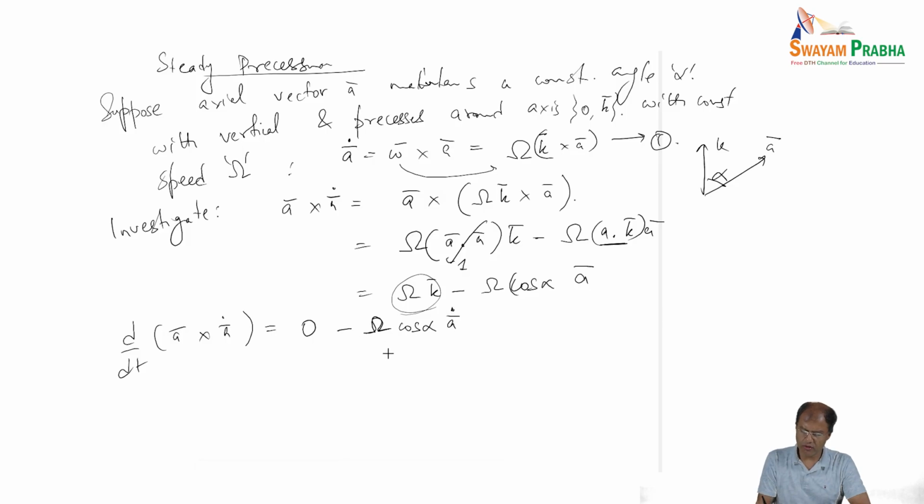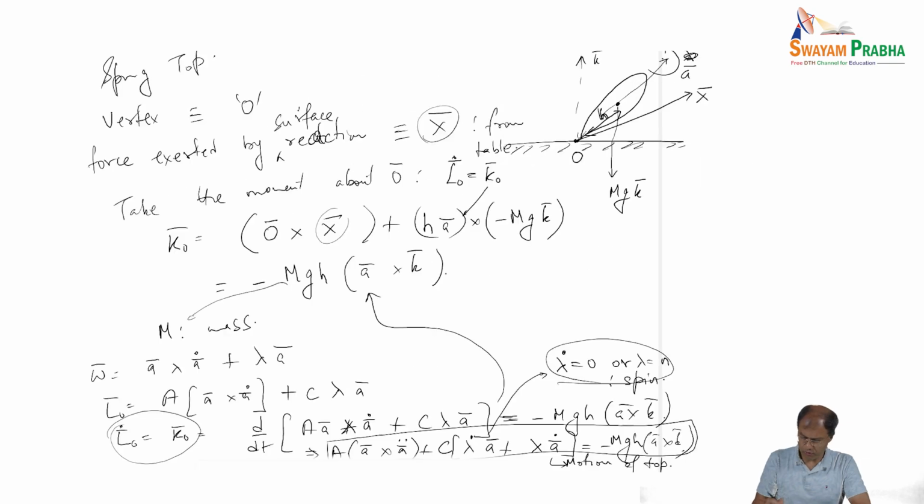So minus omega cos alpha A dot, and this is also going to be minus omega cos alpha, where A dot is K cross A. So that is what we have now. So then we can finalize this. So this is A cross A dot.